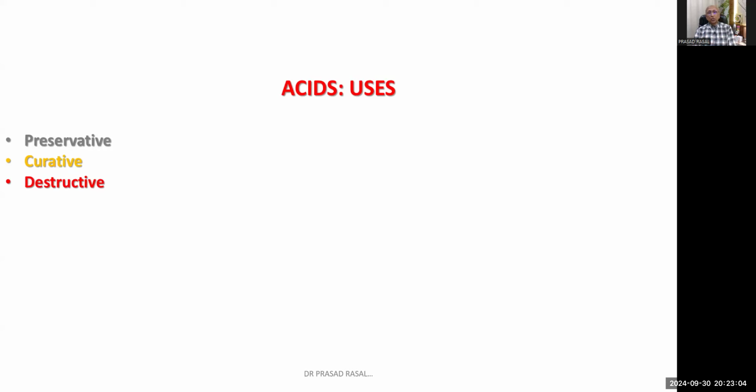They are also used in the medical section as a curative, and also to destroy things. If you go through these, you can find the miasm from psora to syphilis. Psora sometimes dominates, but many times it is tubercular to syphilitic. That miasm is very specifically present in the acid groups.